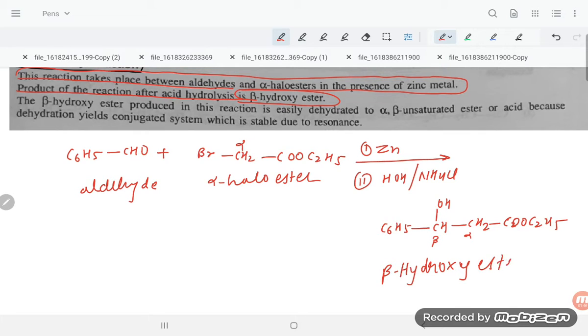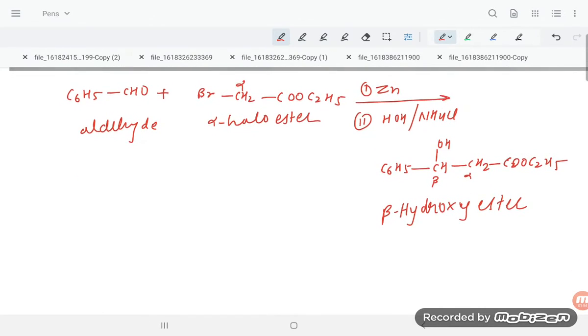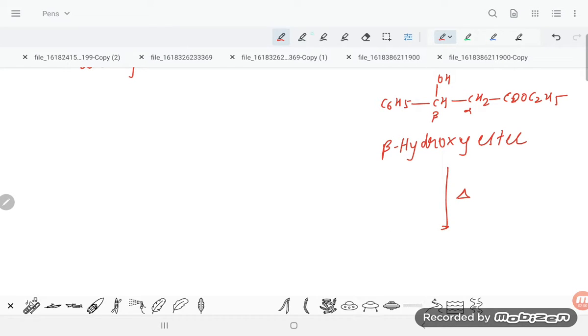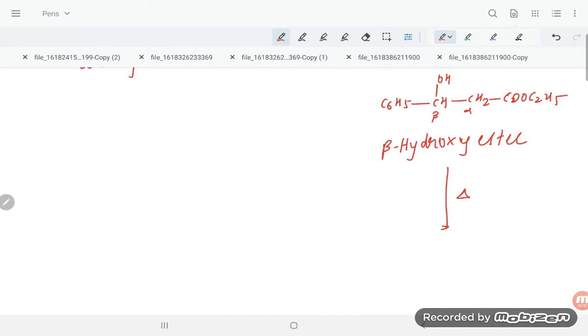Now students, you can look at another example to see how the reaction takes place. Just like the aldol condensation, if you give a little heat to it, there will be the release of a water molecule. So OH and H will be out, that is minus H2O.